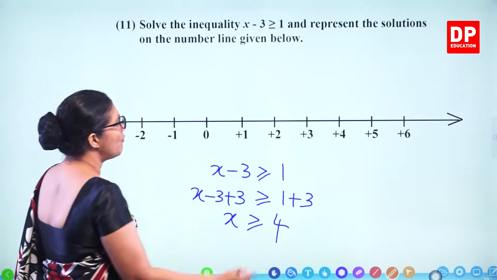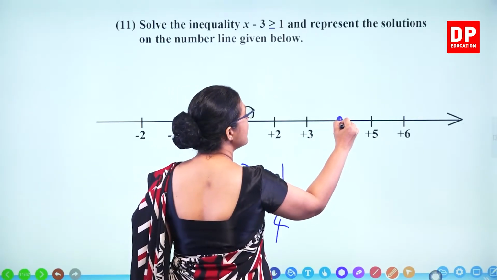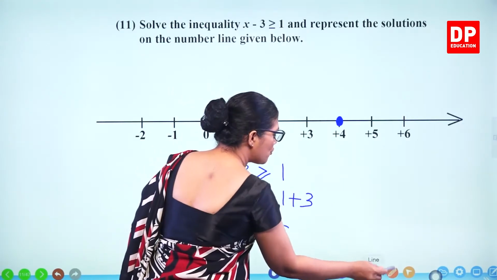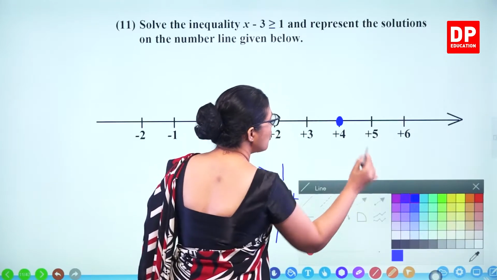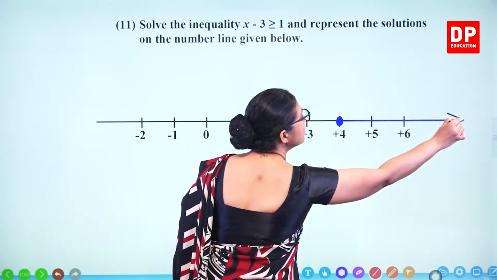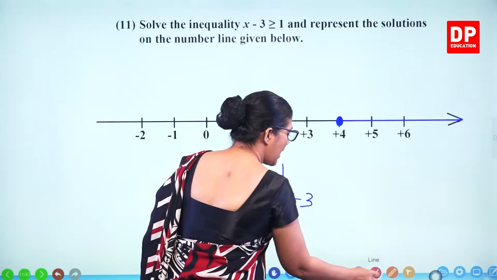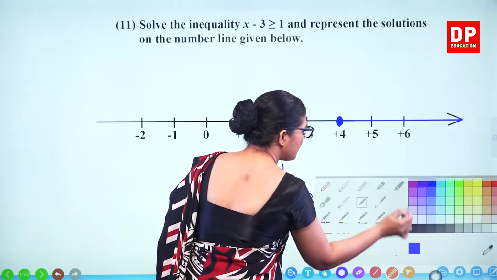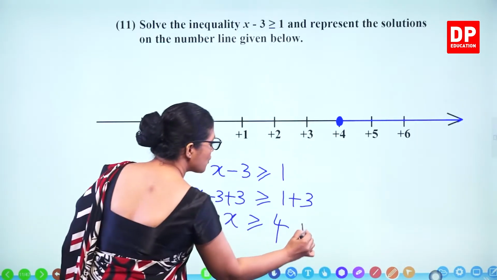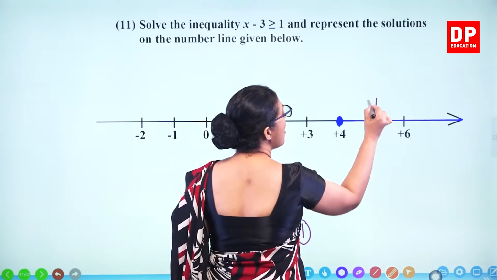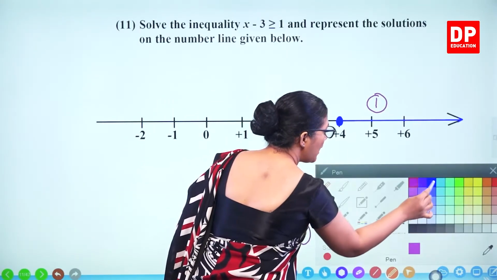That means 4 is included. You draw a solid circle and draw the arrow towards the right-hand side, because it is greater than. So you get 2 marks: 1 mark for solving the inequality and 1 mark for showing it on the number line.